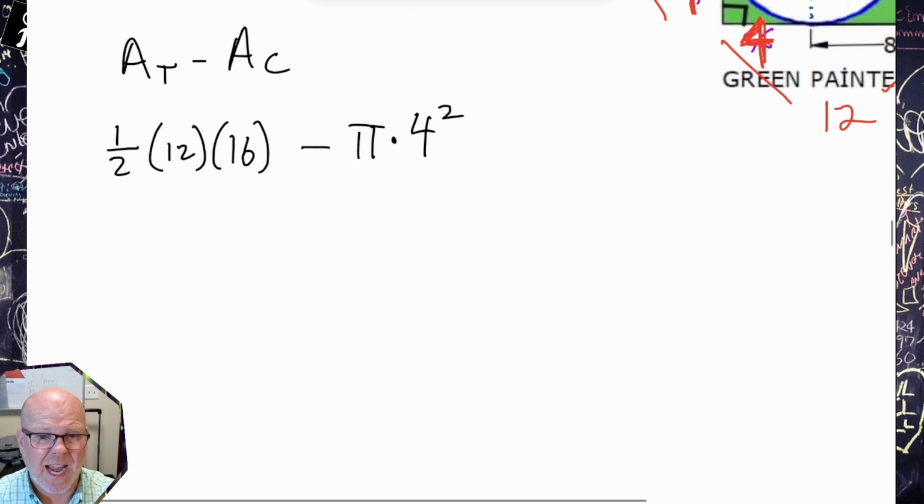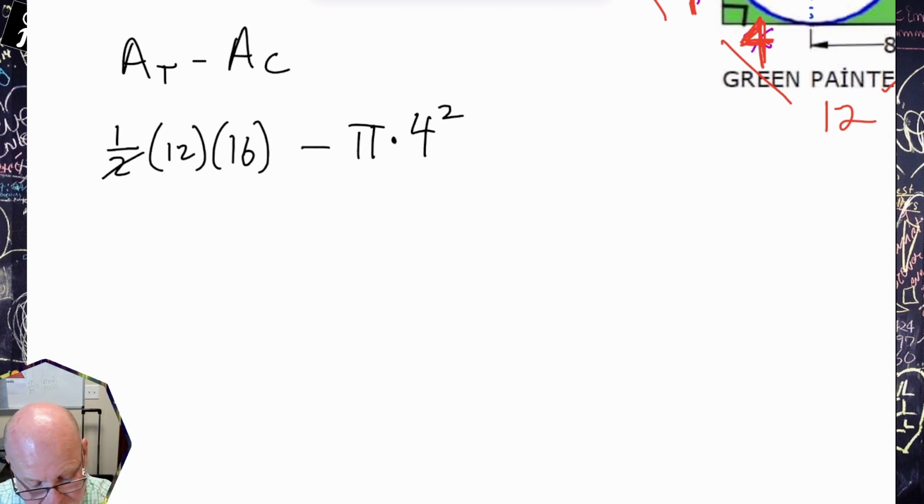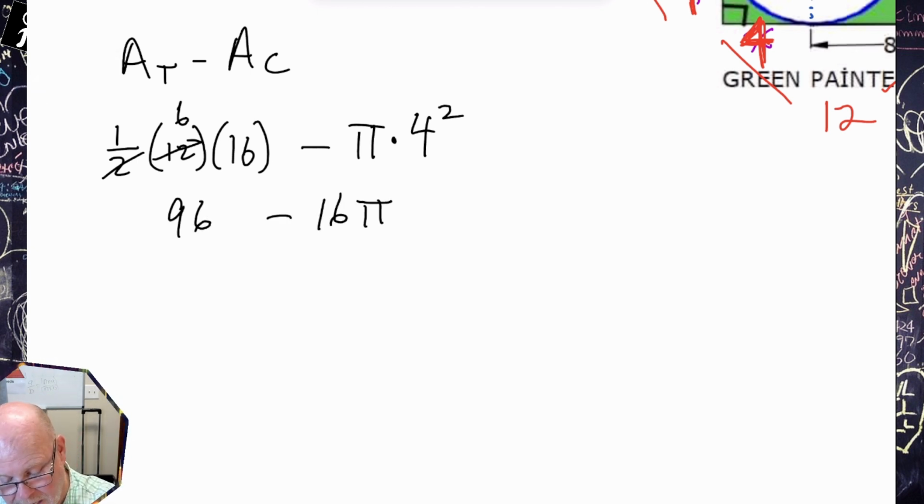And let's just kind of hammer out this math. So this and this cancel, so that gives us 6. So 6 times 16 is 96 minus 16 pi. We could factor out, let's see, a 4. Can we factor out a 6? Yeah, we could factor out a 16 if we wanted to. And that gives us 6 minus pi.